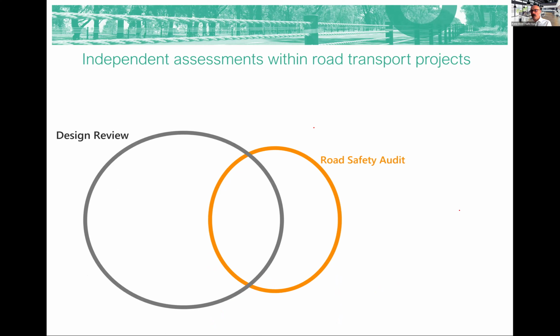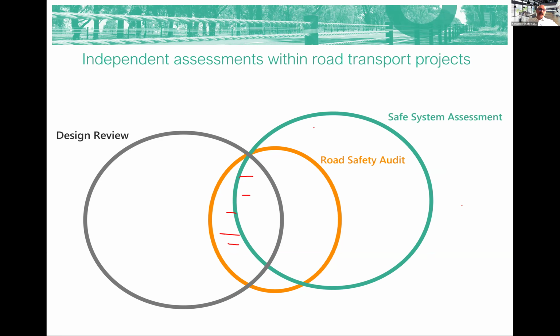A design review is a process that the designers go through as they produce a design, then they'll get somebody else to review it. It's an independent check that everything's right, they've done the right calculations, they've made the right assumptions. There's overlap between road safety audits and design reviews, but there are certainly things that sit outside both of those.